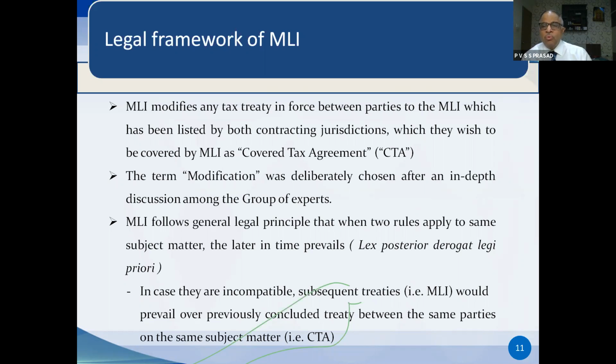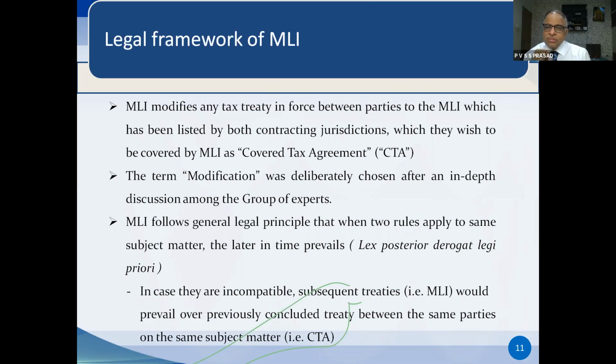So whatever rules are prescribed for enactment and implementation as suggested by the Vienna Convention in various articles like 26, 30, 31, 32, supplementary means and all that, would apply even to MLI.